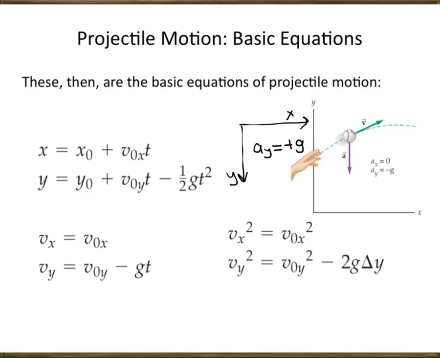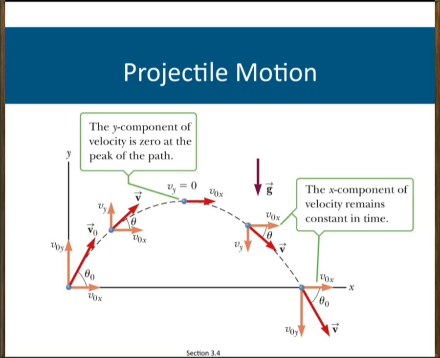Once you fix this, everything is easy. And ax is always zero. So these are the most general expressions for describing the velocity and the position in projectile motion. You need to memorize these, okay? So what happens to the velocity and acceleration vectors during the projectile motion, okay?